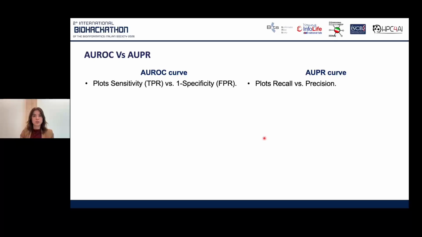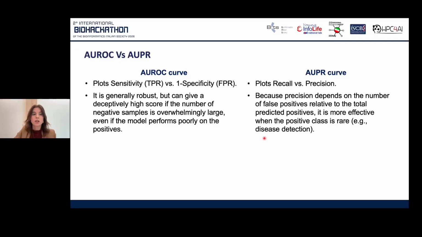So a few considerations at the end, just to compare the two. While the AUROC gives me a plot of sensitivity versus 1 minus specificity, the AUPR curve plots recall versus precision. AUROC is generally robust, but can give a high score if the number of negative samples is very large.